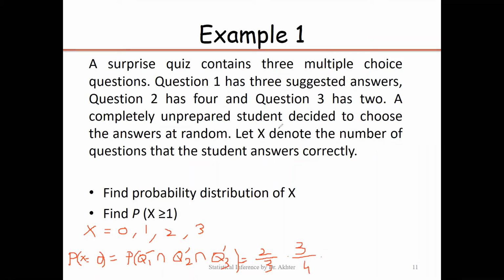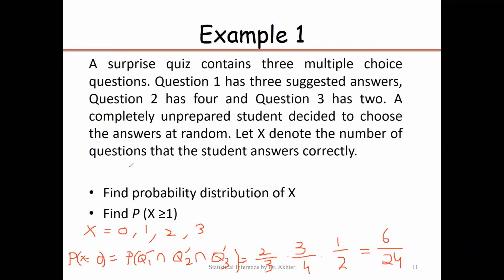And probability of doing question number 3 incorrectly is 1 by 2. So this is the probability, which is 6 upon 24. So do not simplify the denominator, because we have to compute these probabilities with the same denominator. So these are the probabilities that we can have for x is equal to 0.